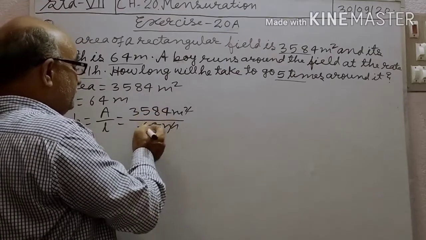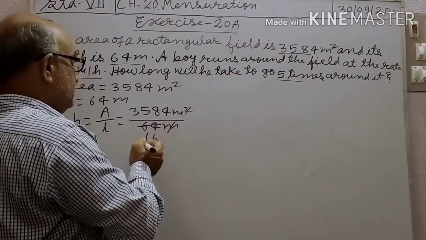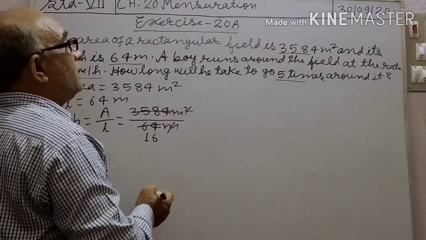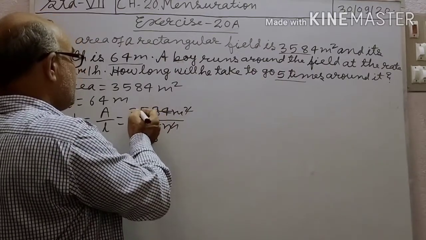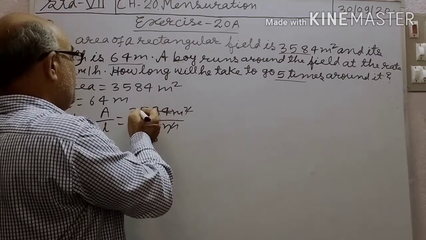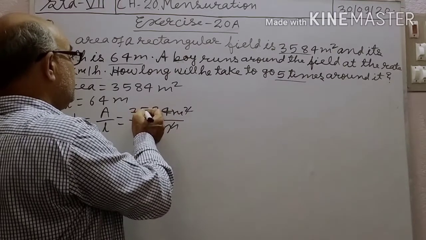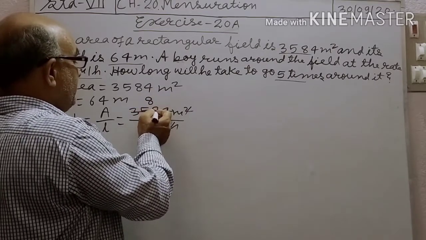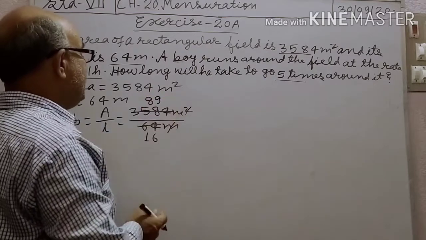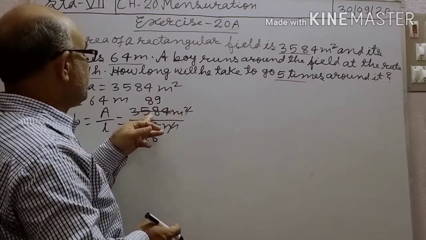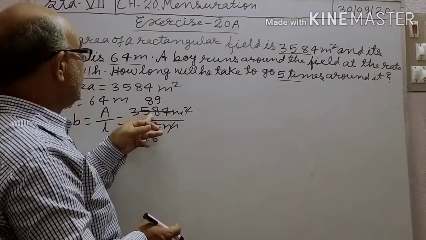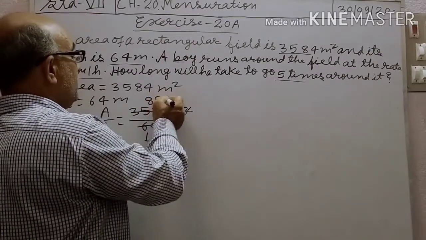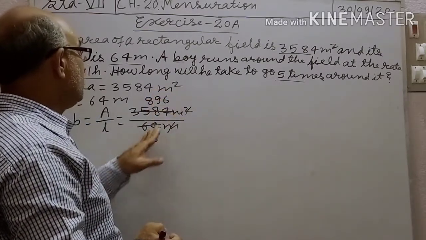Divided by 4 times 16 is 64. So 3584 divided by 4: 4 8s are 32, 4 9s are 36, so 24. 4 6s are 24.